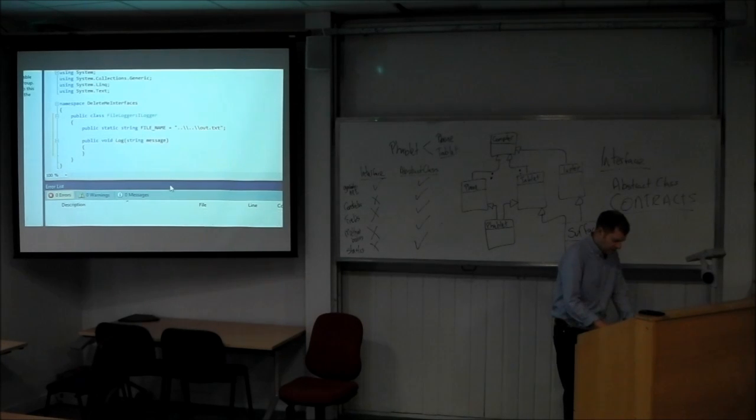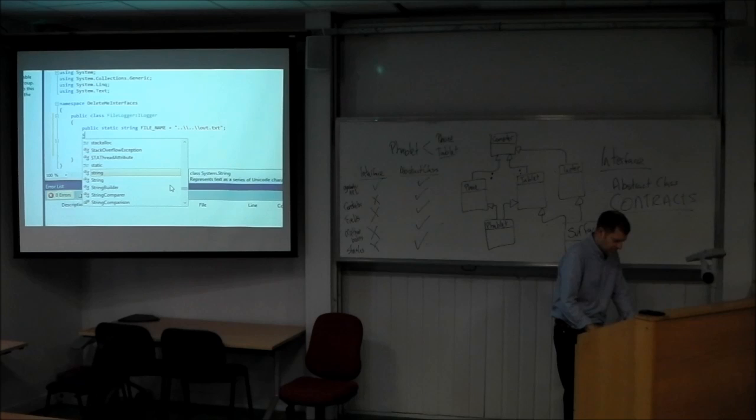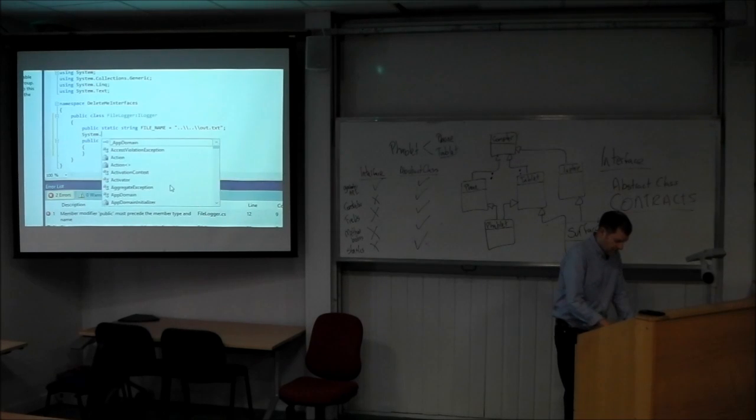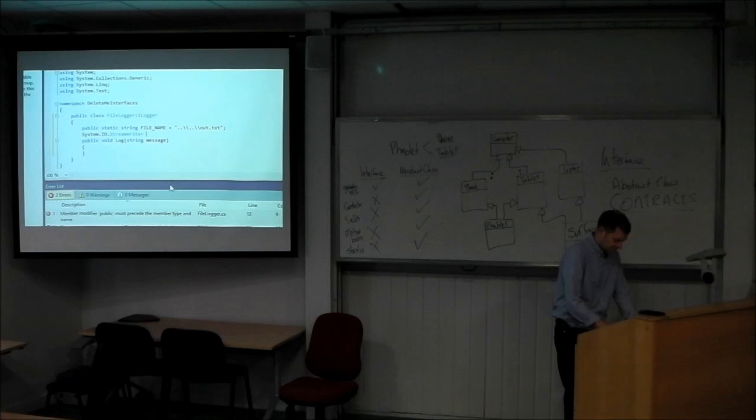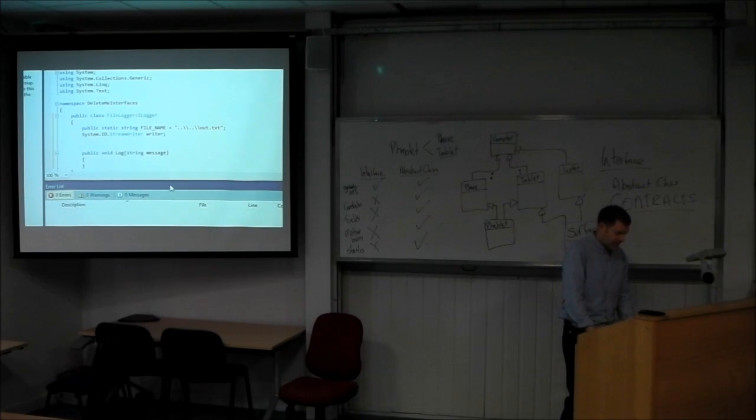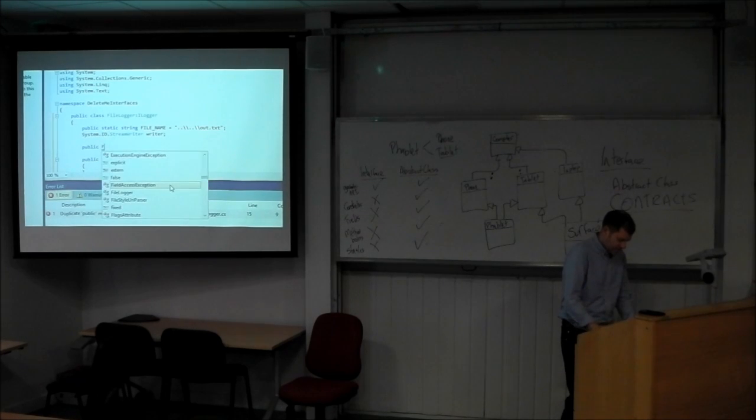And then it was called a system.io. What was it called? A buffered writer, was it? Oh, stream writer, was it? Oh yeah, stream writer. Alright. Okay, so we'll make our constructor here, and in the constructor we'll create that writer. Public file logger.